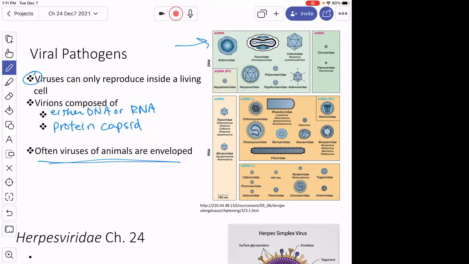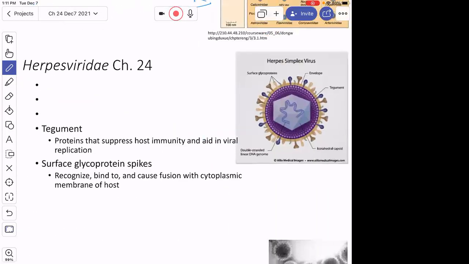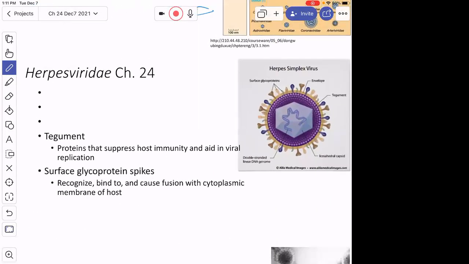So we have families and a few orders and families and genera. Viruses are usually just named for the disease. So just a little variety there, nothing to memorize. Let's look at herpes, the family Herpesviridae, generally speaking, and then we're going to look at some of the different types of herpes virus and the infections that they cause.